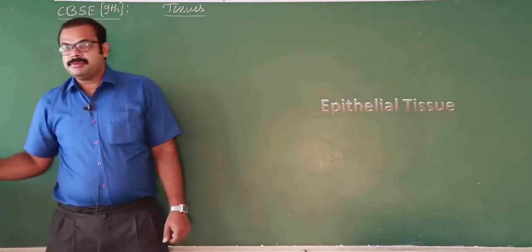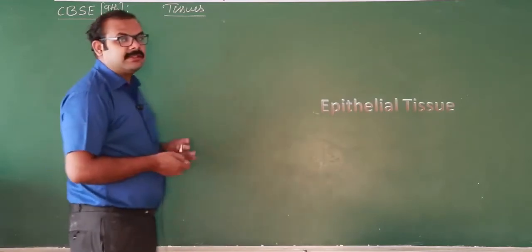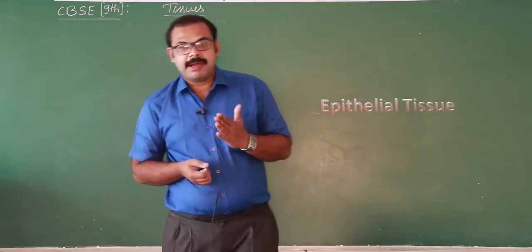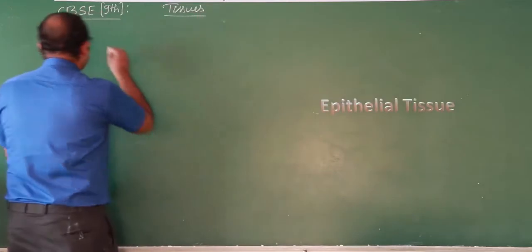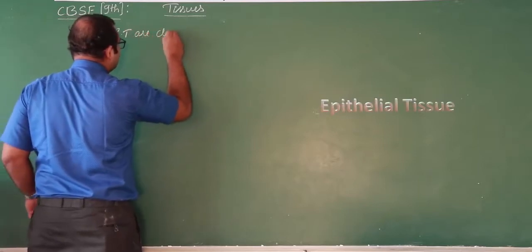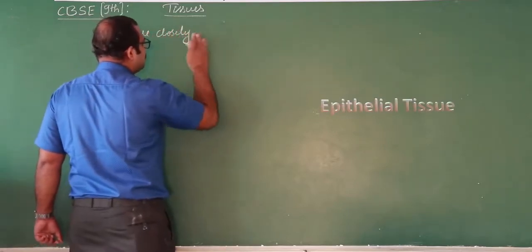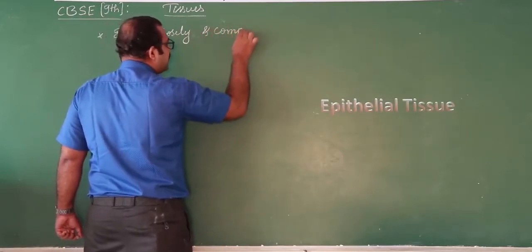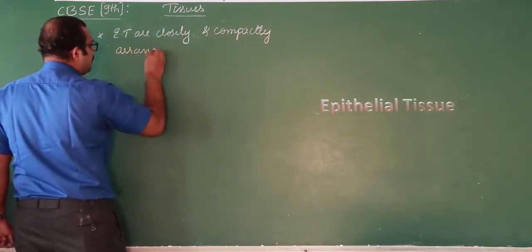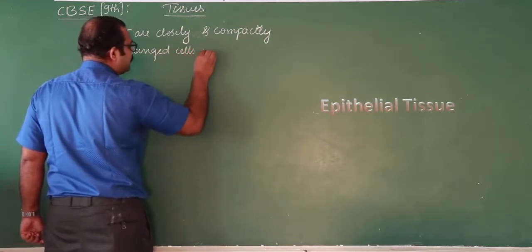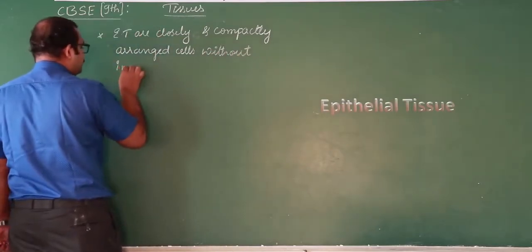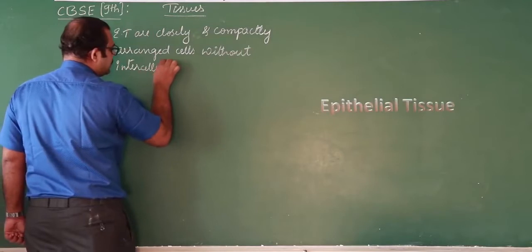Epithelial tissues are thin, flat cells, and they are closely and compactly arranged, without intercellular space.